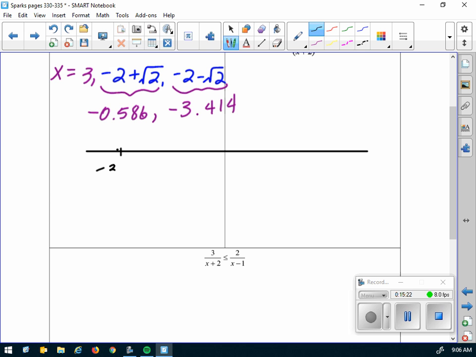There's the negative 3.414. There's negative 0.586. And there is 3. So let's pick some numbers. Let's pick negative 4. Let's pick negative 1. Let's pick 0. And let's pick 4.